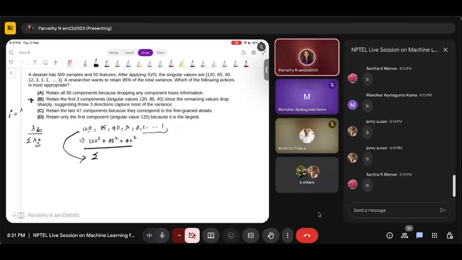When you do this, we will see that this comes to around 99.1. That is well above the 95 percent of variance that the researcher wants to retain. So the answer is retain the first three components because these three directions capture most of the variance.